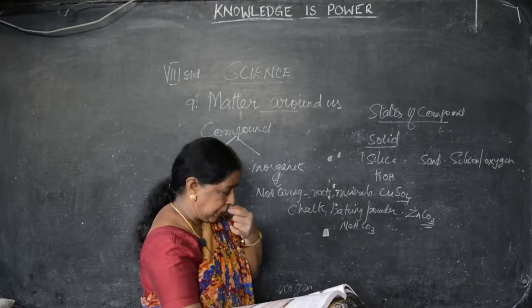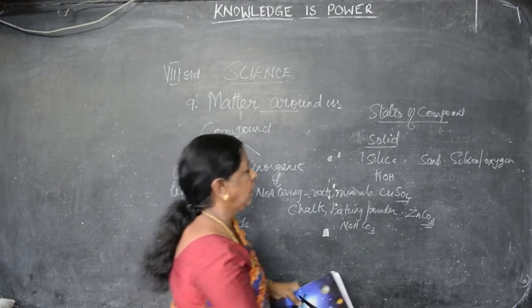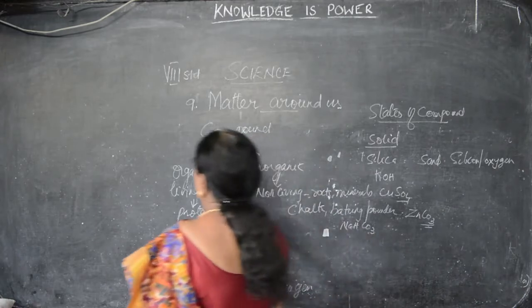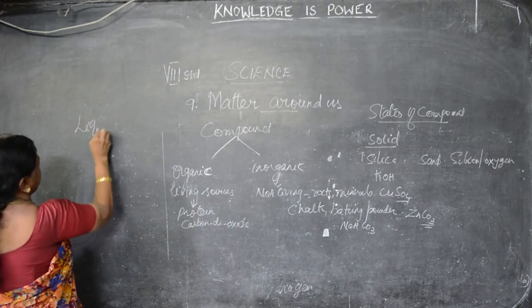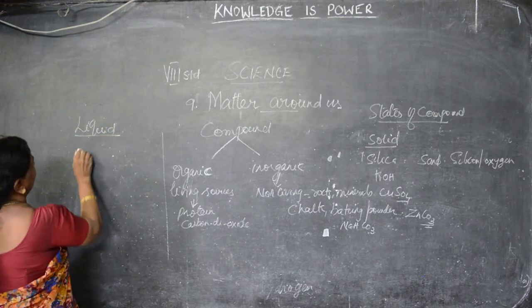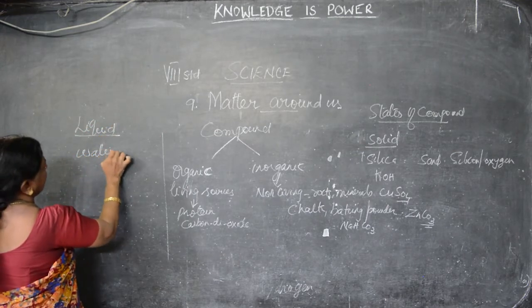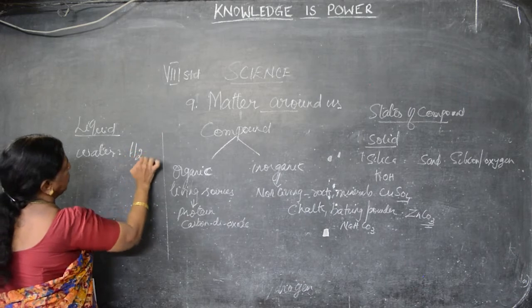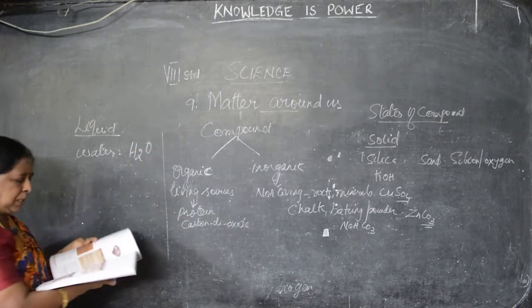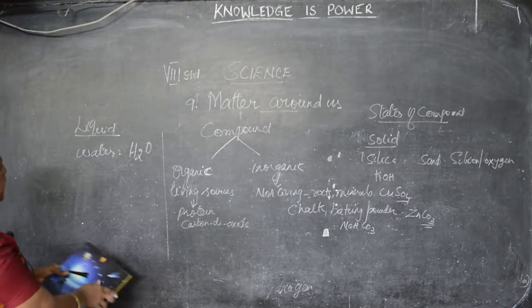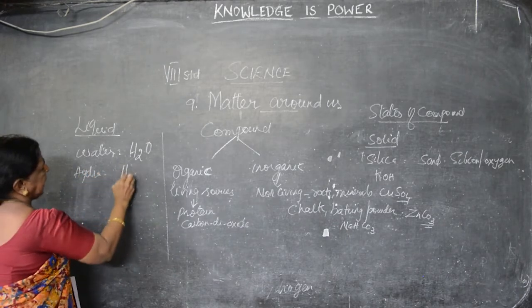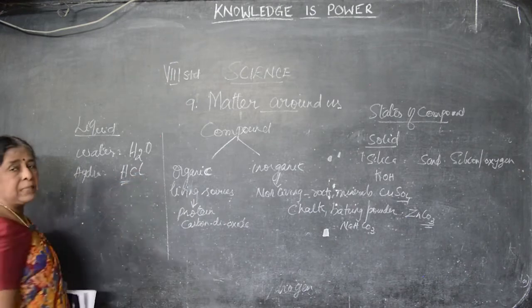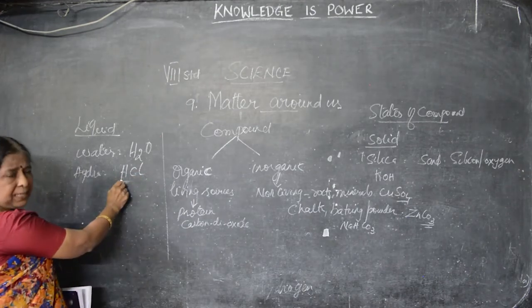Then we have to go for liquids. That is the compounds in liquid state. We'll see what are the liquid compounds. Water. What's the formula? H2O. Hydrochloric acid, that is HCl. All the acids always begin with hydrogen only.